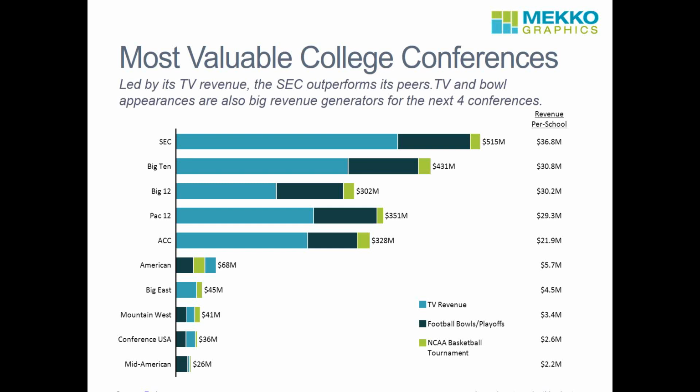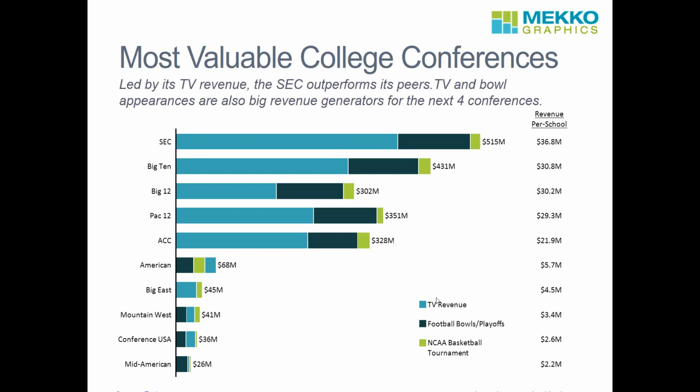I made it horizontal with the conference with the most revenue on top. It's very easy to see that the top 5 conferences are significantly bigger than the next 5.